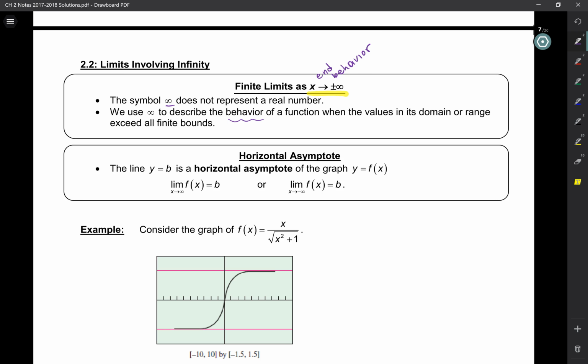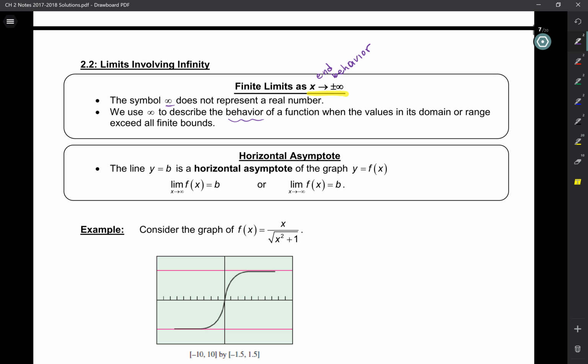Okay, so let's talk about horizontal asymptotes. Sometimes when we look at a graph and we look at what's happening when x is approaching infinity, we see that the graph is sort of leveling off horizontally. All right, that means that the graph has a horizontal asymptote.